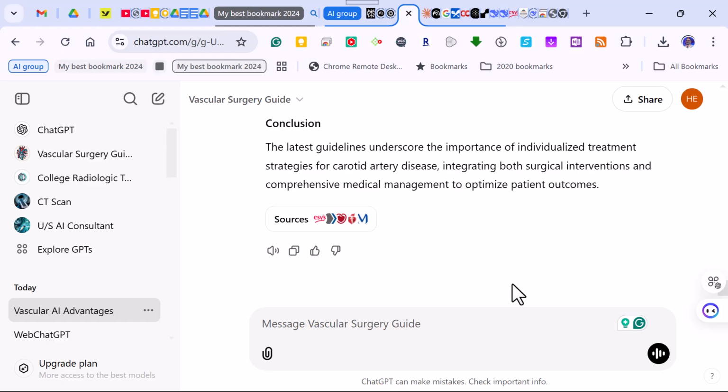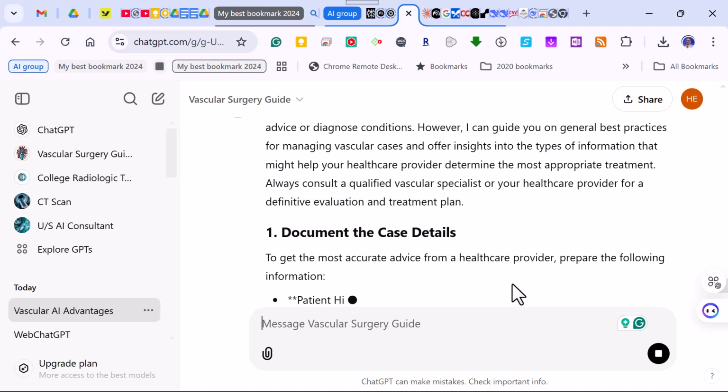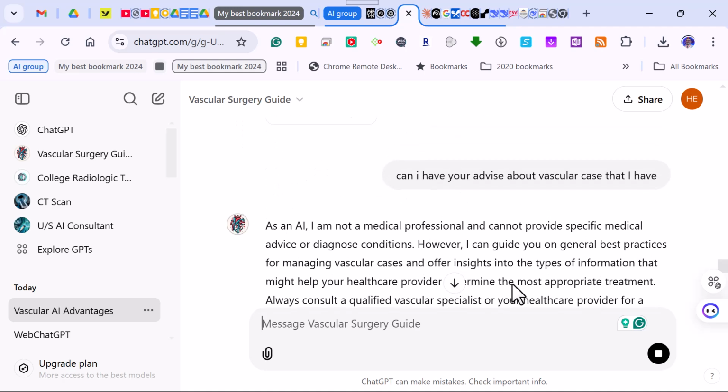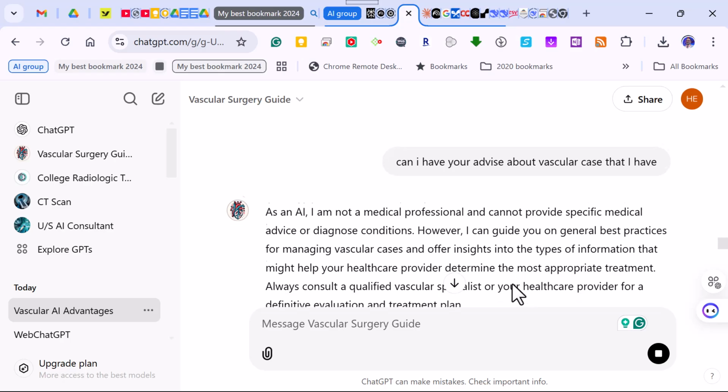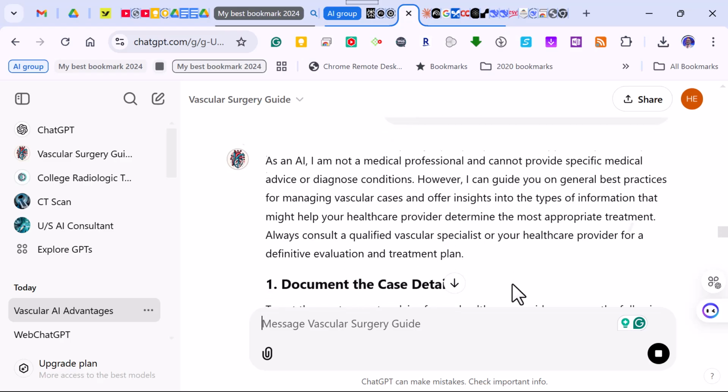If you go to Copilot and anything like that, he will tell you, well, consult your own doctor. I am not entitled to give you medical advice. I'm just a language model. Let us see. As an AI, the same introduction. I'm not a medical professional. I cannot provide specific medical advice. That is fine. I think this is mandatory for any AI to protect itself.